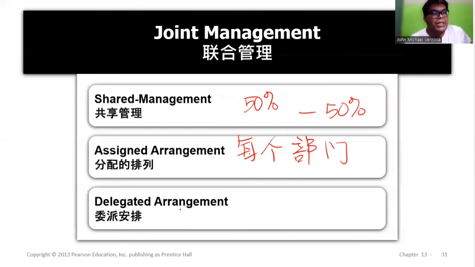So one of the parties will be assigning the designation.